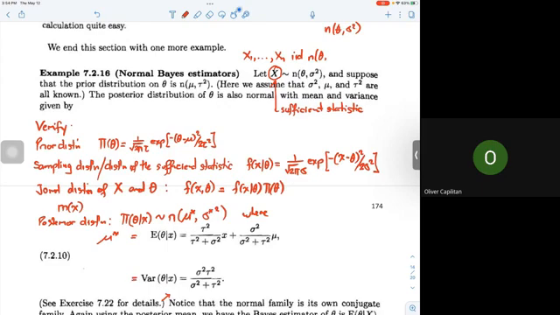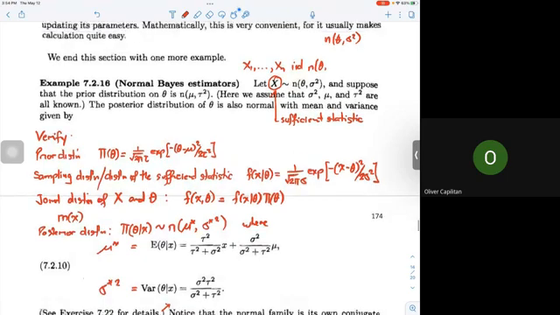Itong variance ng ating posterior distribution is equal to sigma asterisk square. Okay, so we have that. Yan yung kanyang flow in order to show that we obtain the mean and the variance of this posterior distribution. So I hope na naintindihan nyo ngayon dyan by this example, no? And the first example regarding the base estimation procedure.